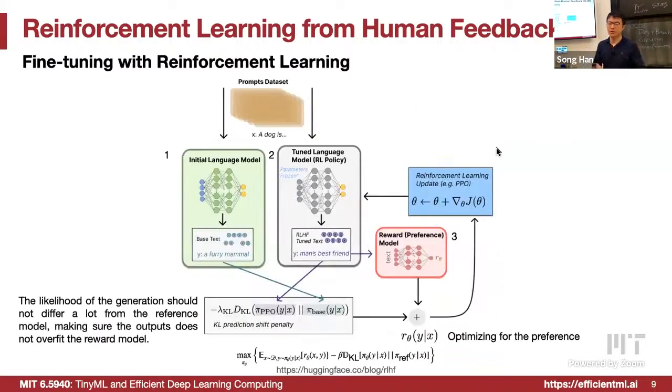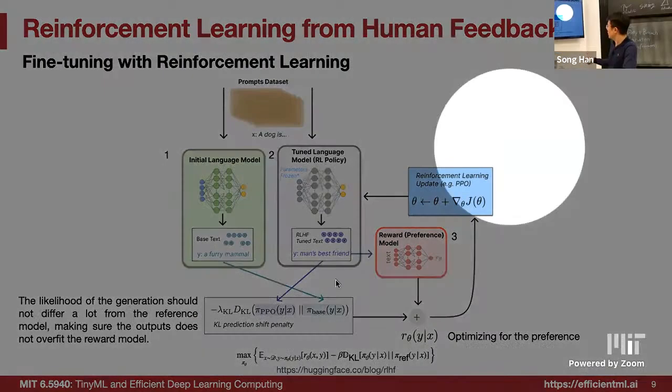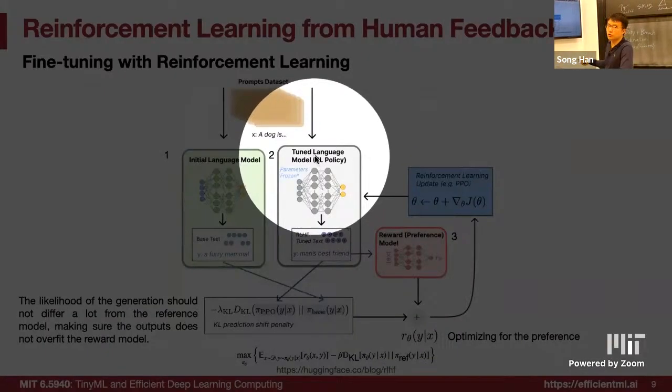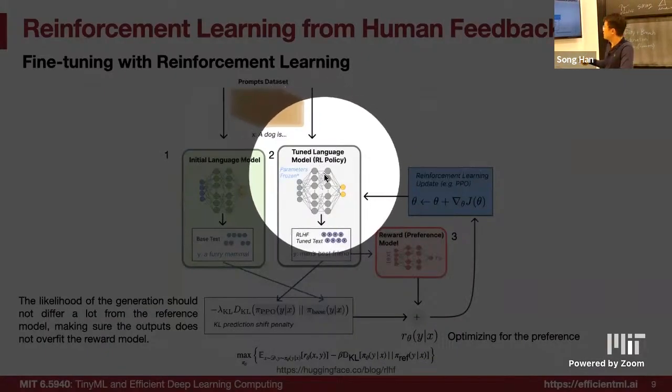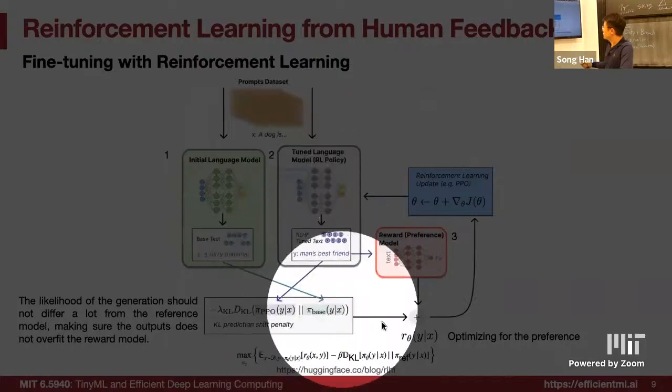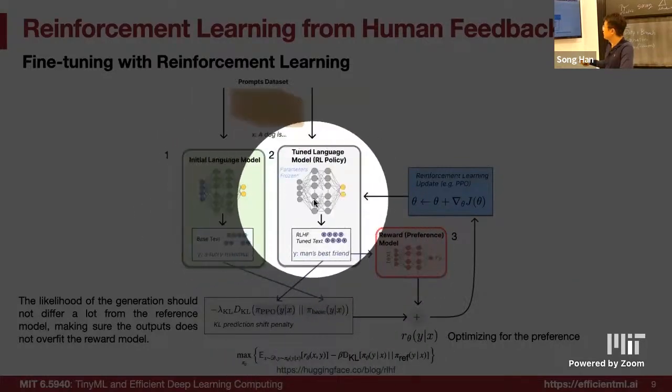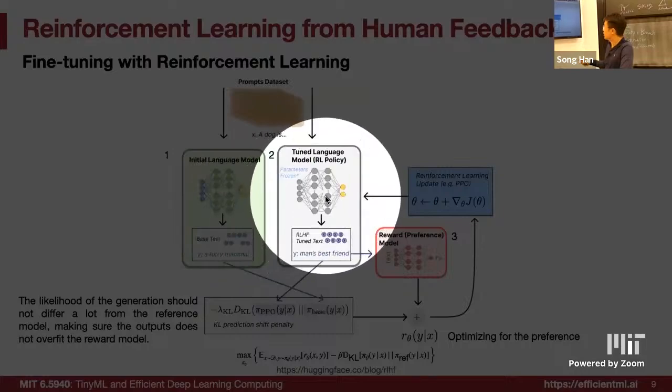The second step is to use the reward model we have just trained to tune our language model, to fine-tune with reinforcement learning. So basically there are two terms and three models. The first model is the initial language model, and the second one is the tuned language model.